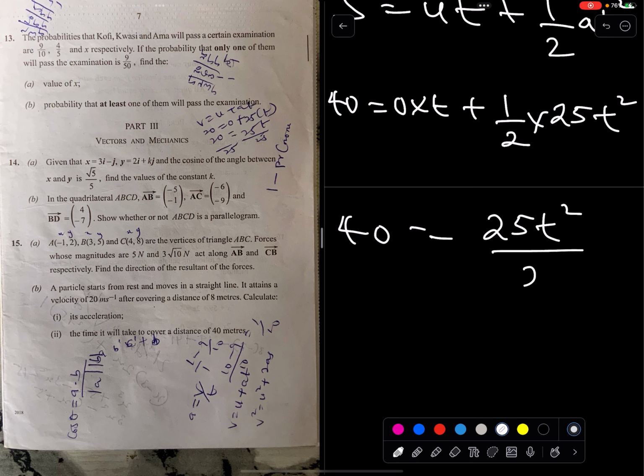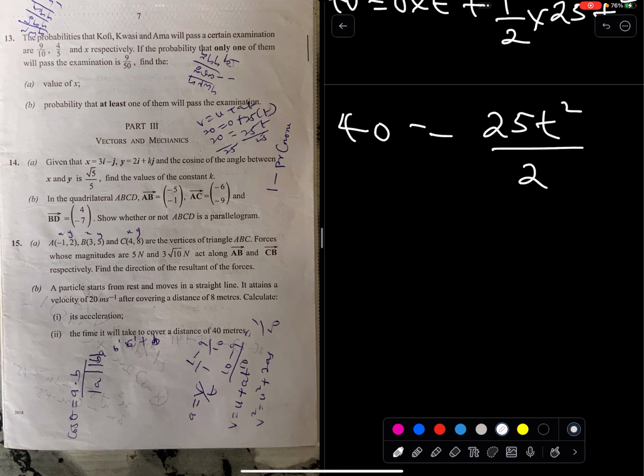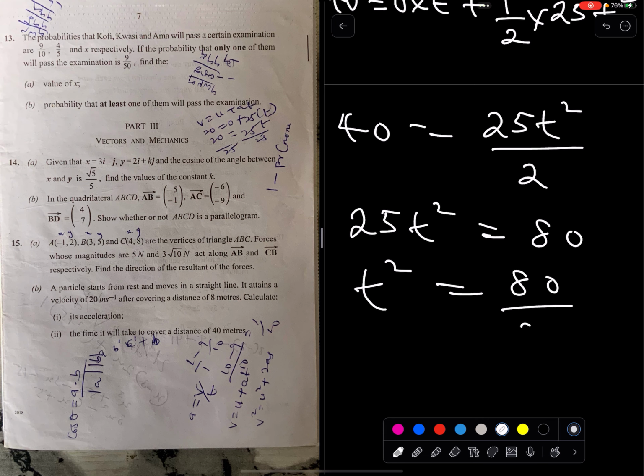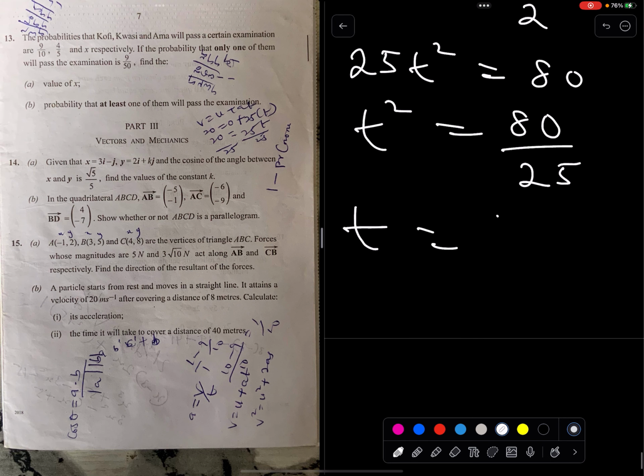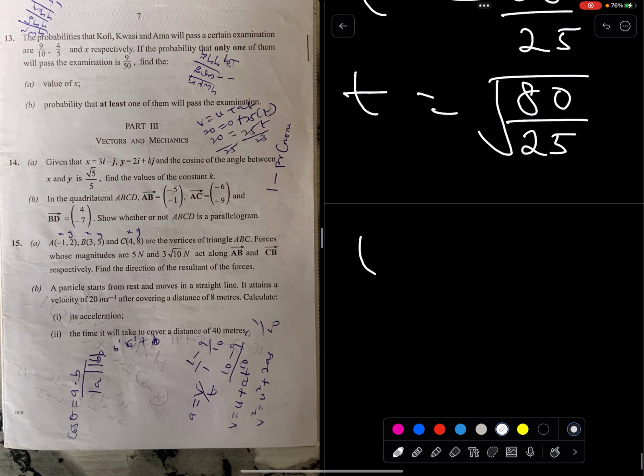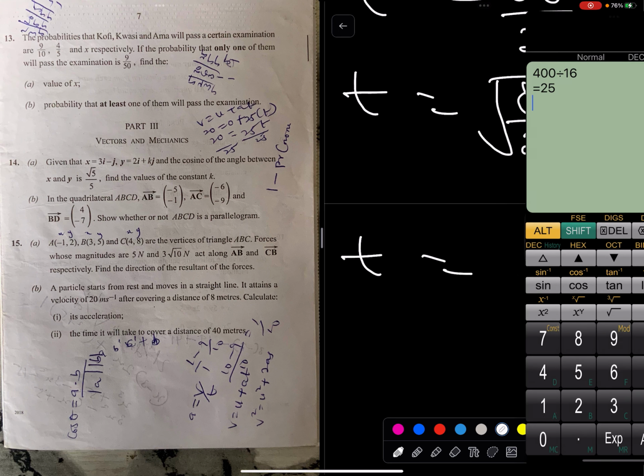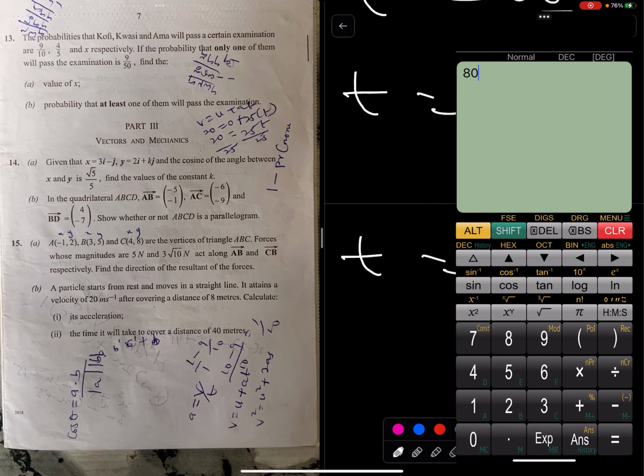And that simply means 40 equals 25t squared over 2. And this means 25t squared equals 80. So t squared is 80 over 25, and that means t is the square root of 80 over 25. Let's check that. What is 80 divided by 25? That's 3.2.